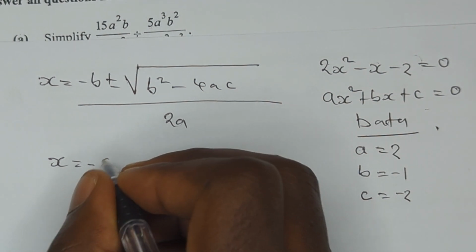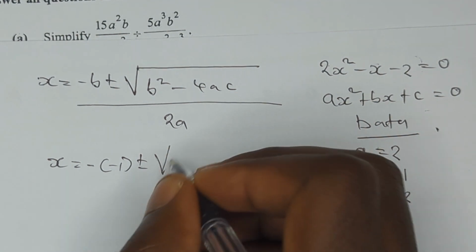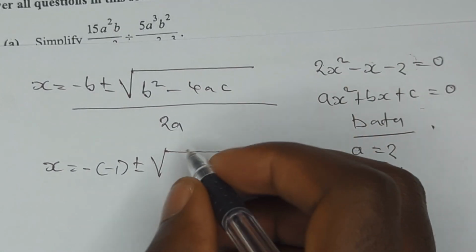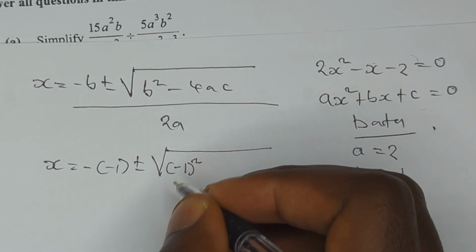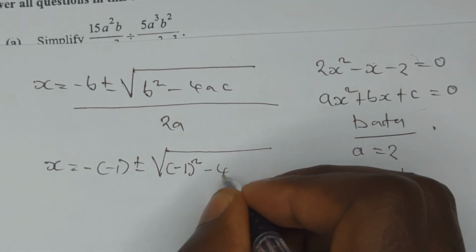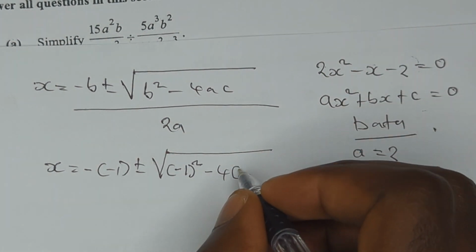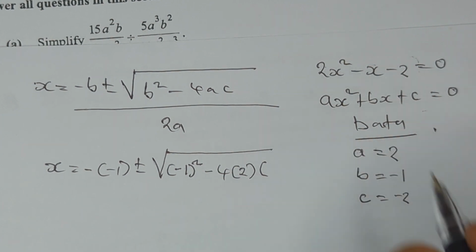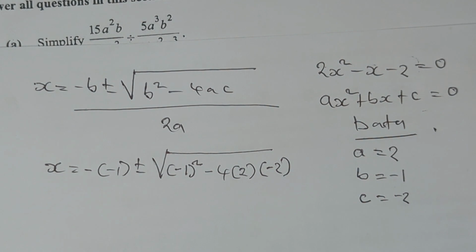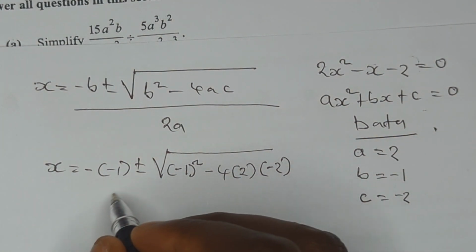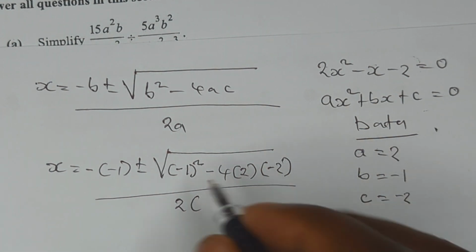So this will be negative, open brackets, negative 1, plus or minus the square root of b, that is negative 1, squared, minus 4 multiplied by our a, that is 2, multiplied by c, that is negative 2, over 2 multiplied by a, that is 2.